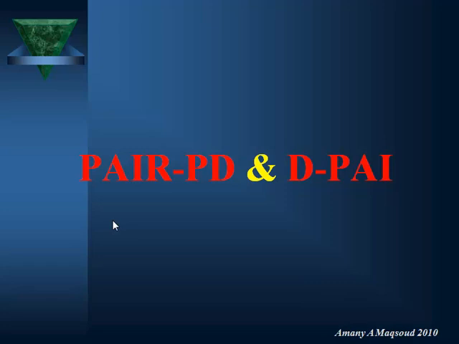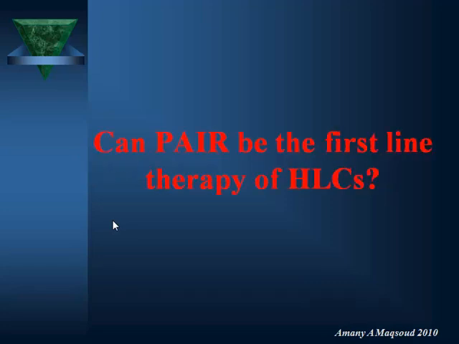The DPI is a double percutaneous aspiration and alcohol injection. It is double because the injected scolicidal agent is left there for a few days, not a few minutes, and then re-aspirated again. These are all modified techniques of the PAIR, and they have been tried by many workers. We didn't try them. We only tried the original PAIR technique.